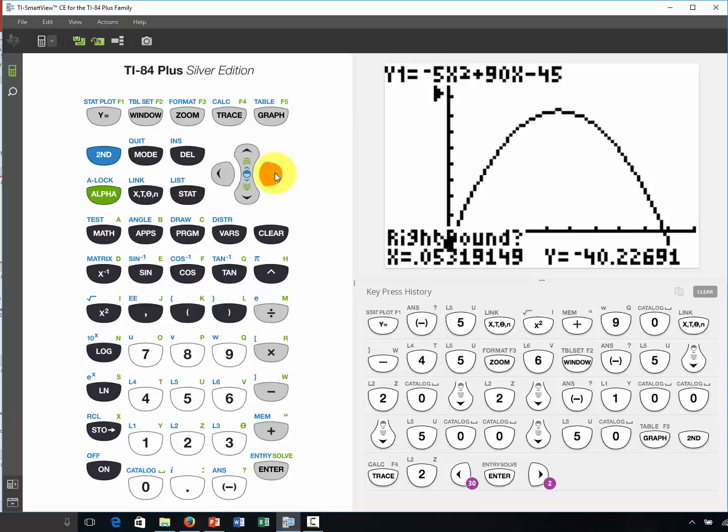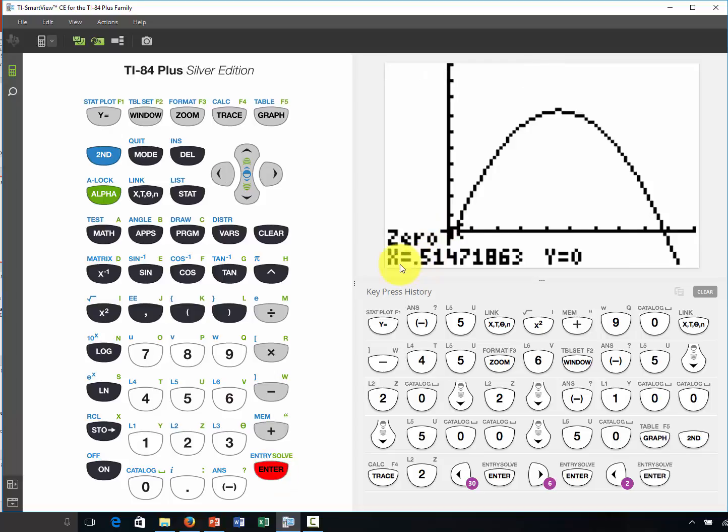I want something more than 1. Okay, here's 1.1. Hit enter. And then for the guess, I'm going to scoot it a little bit closer to the x-axis. Hit enter. Here, the calculator is identifying 0.51 to 2 decimal places.